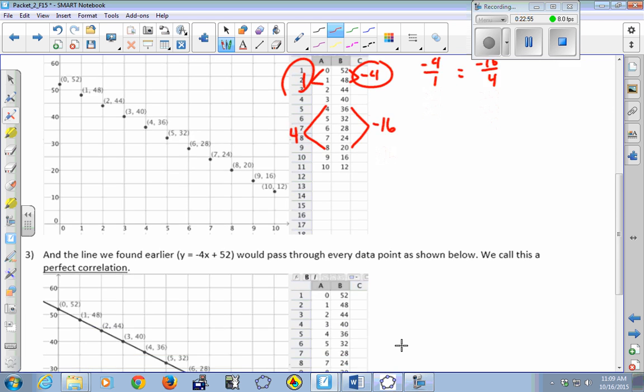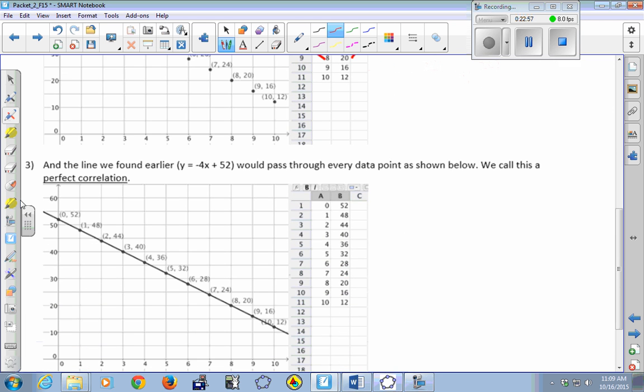If we took these points and put a line between them, you would see that the line goes directly through every single point. There are no points that fall above the line or below. We say that this has a perfect correlation. Now this term correlation has a special meaning when we talk about linear regression.